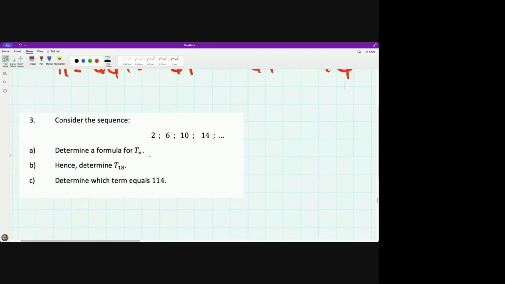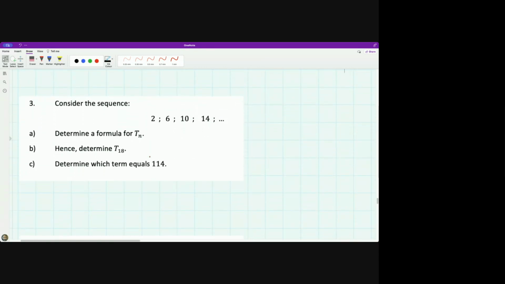Okay, let's do another one. I think this will be our last one for today. See if you can do what's the next number, and then can you do these three here? So that's 18.